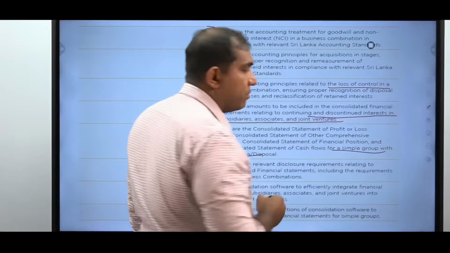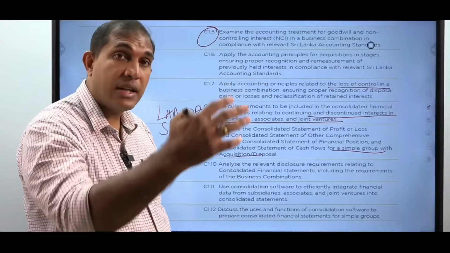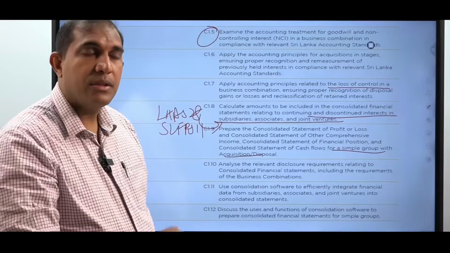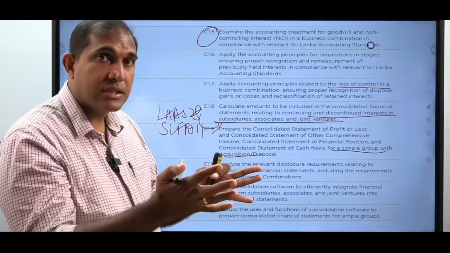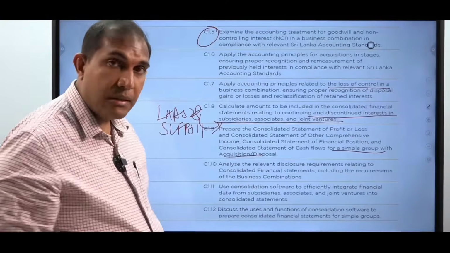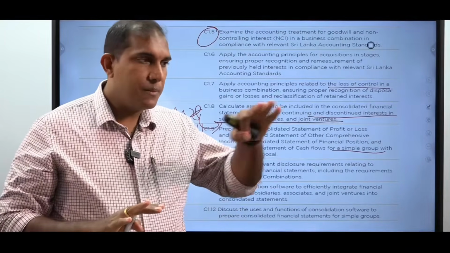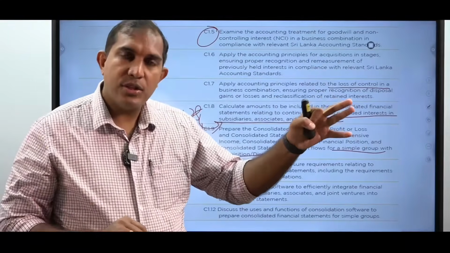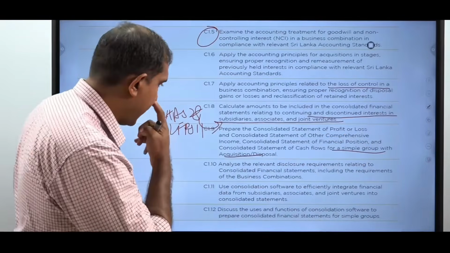Complex groups will be discussed in the strategic level, the next level. This is corporate level. But in this syllabus, we would be covering simple parent, subsidiary, and associate or joint venture, something like that.